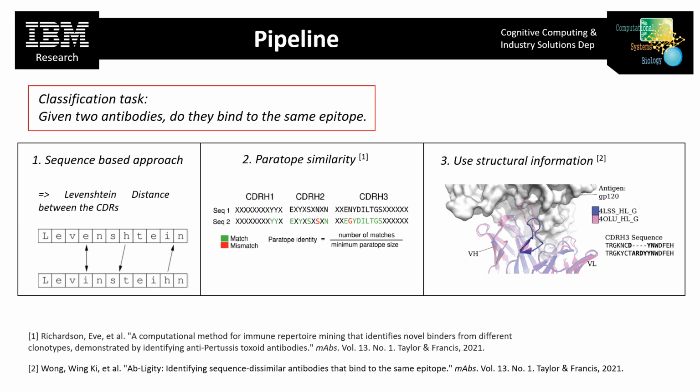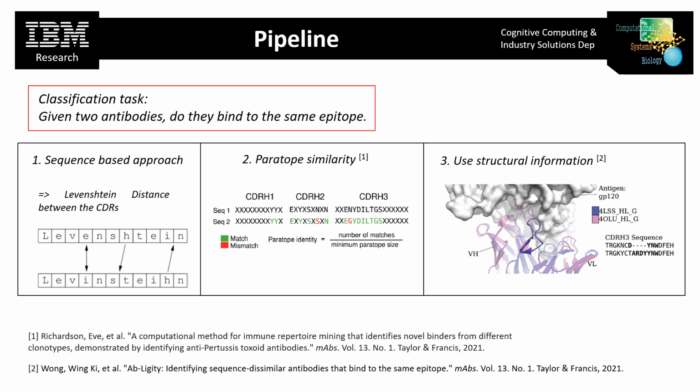To approach this problem, you can use several approaches. The first one is a sequence-based approach, where you just compare the CDR sequence similarity through the Levenshtein distance. You can also try to predict the paratope. There are tools that can accurately predict the paratope residues in the CDRs, and you can compare them.